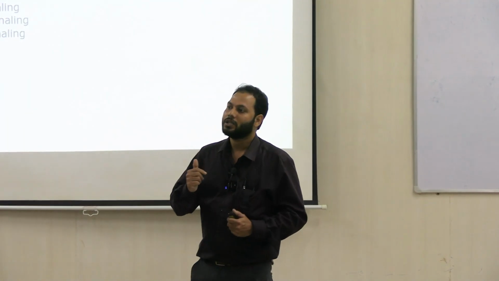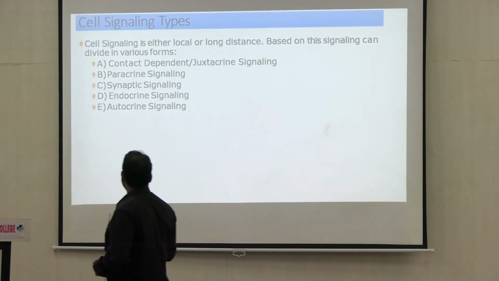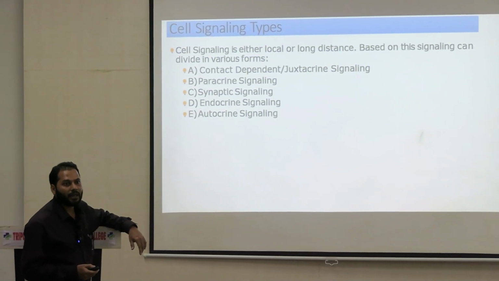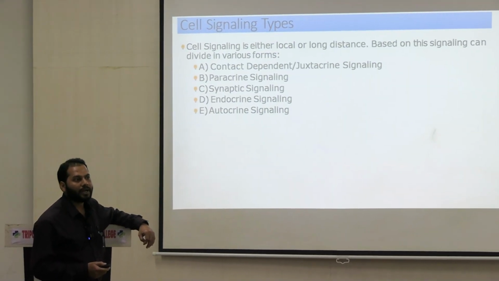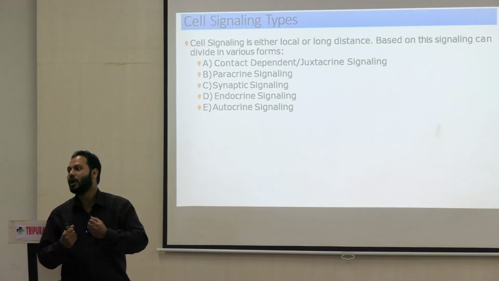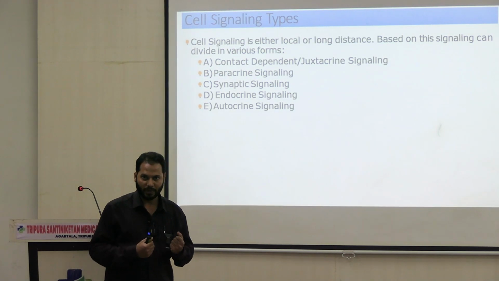So here it is called contact dependent signaling. The gap junction signaling is a contact dependent signaling where the two cells are directly attached with each other by a certain type of junction, right?